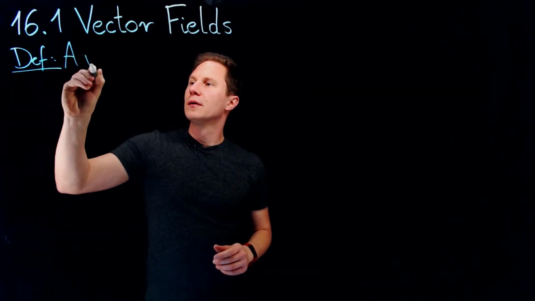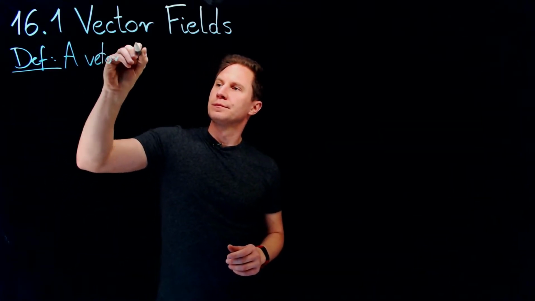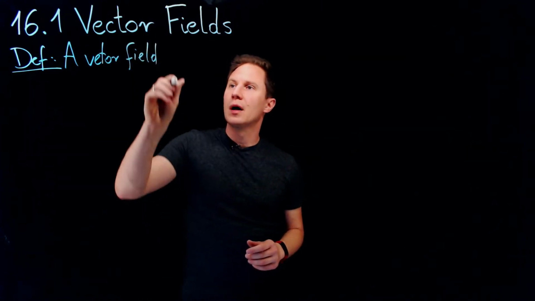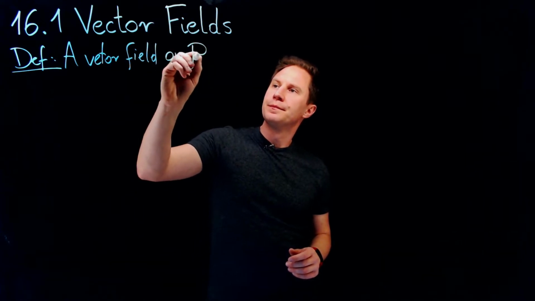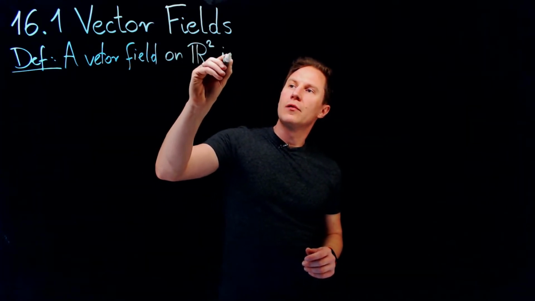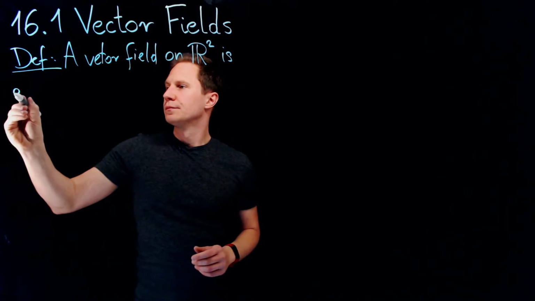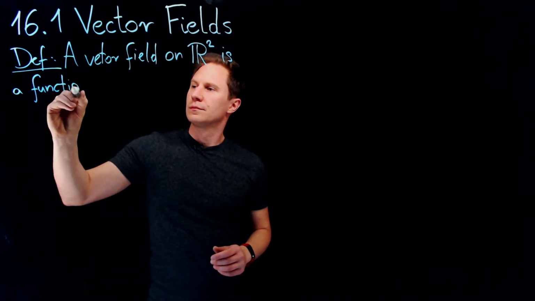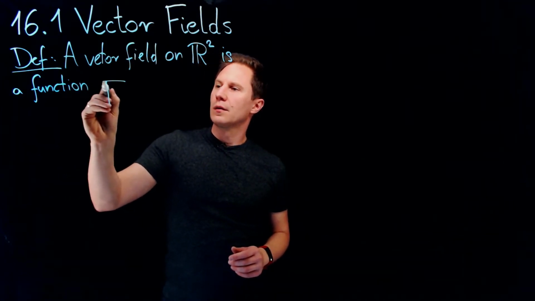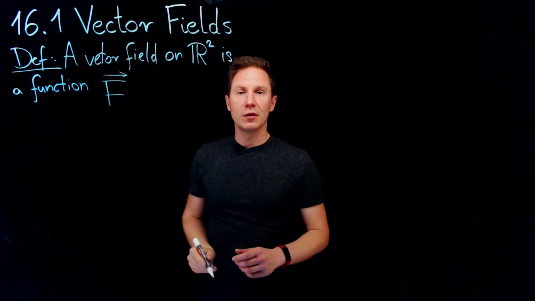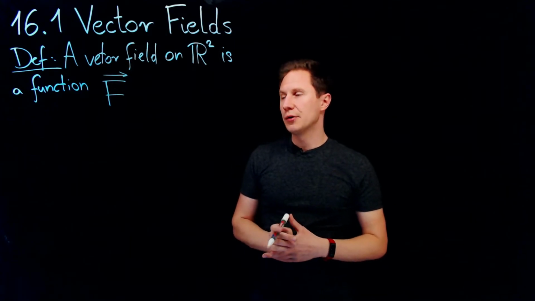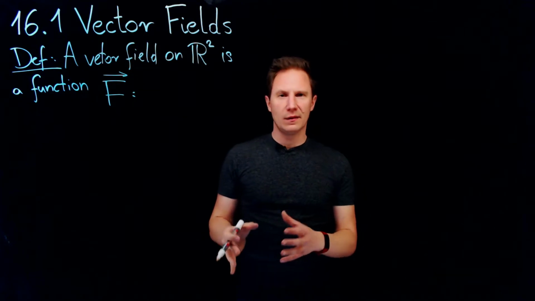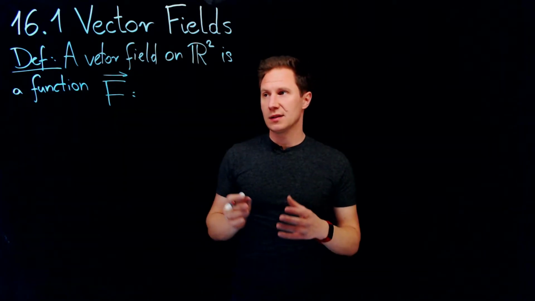A vector field on R2 is a function which we'll denote by capital F, and we put this arrow notation on top of it, so we remember that it takes vectors as values.